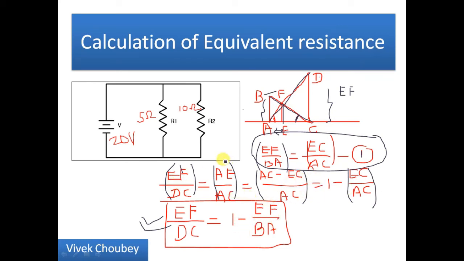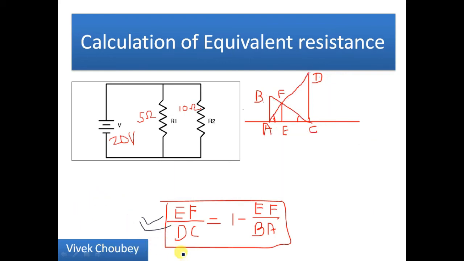So we have substituted the value of EC upon AC from equation 1, and finally from both the equations we have a final equation. So here we have got the final equation, that is EF upon DC is equal to 1 minus EF upon BA. Now we have to do some calculation.